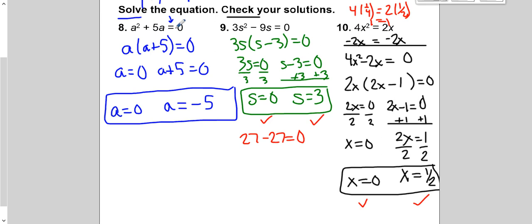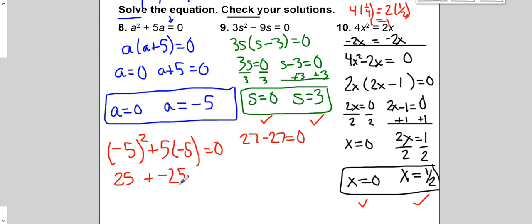Putting in a 0, 0 plus 0 is 0. Put in a -5. For A, we would get -5 squared plus 5 times -5 equals 0. Well, this is 25. 5 times -5 is -25.